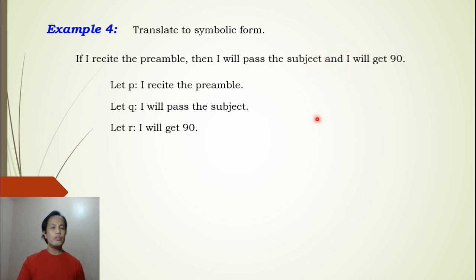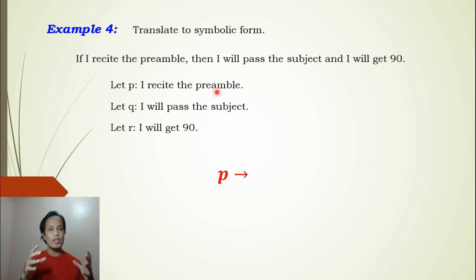So if we are going to write this into symbolic form, we will have our P, I recite the preamble. Then since this is an if-then statement, we'll have the arrow. Now as you have observed, I did not use a parenthesis here because this is just a simple statement, unlike the example earlier, you sing and dance, which is a compound statement followed by a comma.